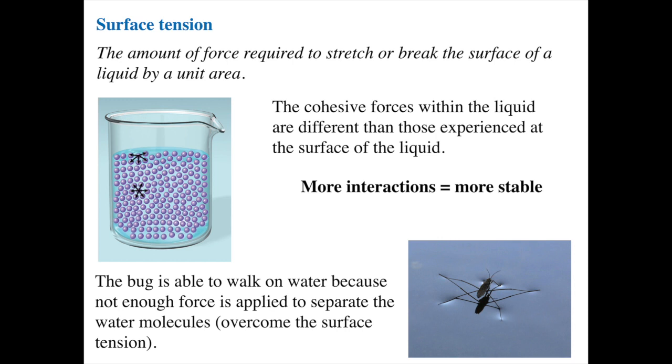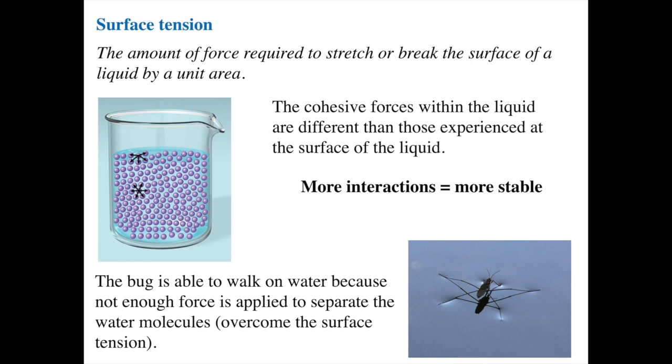But at the surface of the liquid, there is a lack of this intermolecular force in all directions. And this causes a surface of a liquid to act as almost a very thin membrane. The molecules form this thin membrane at the surface that is somewhat difficult, relatively speaking, to penetrate.